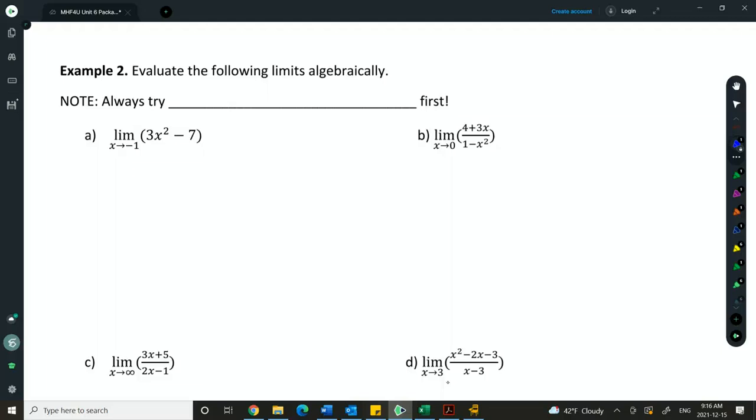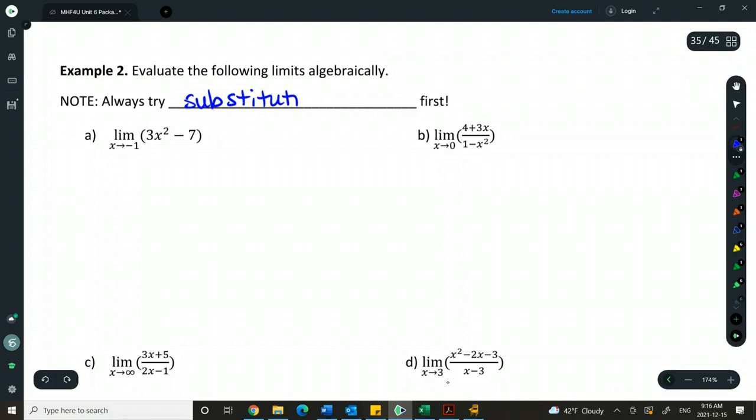Sometimes though, if it's just a limit of a regular function, we can try substitution and it might give us a value, and then that is just our calculation of the limit. So we always try substituting in the value first. If that doesn't work, if you get the indeterminate form or you get something over 0, then you'll have to look a little bit deeper into it.